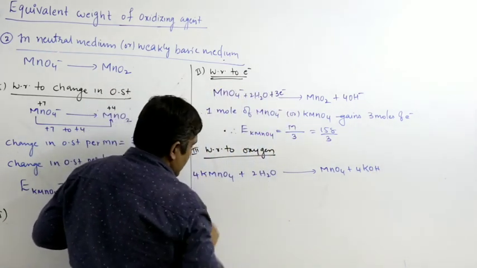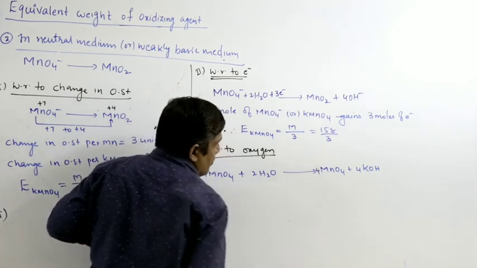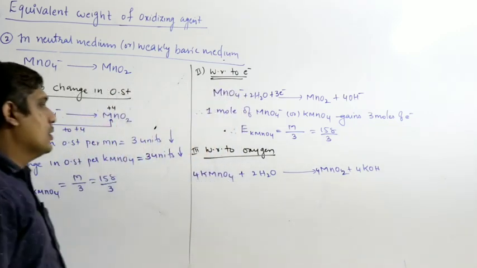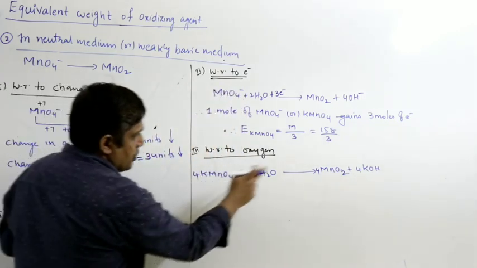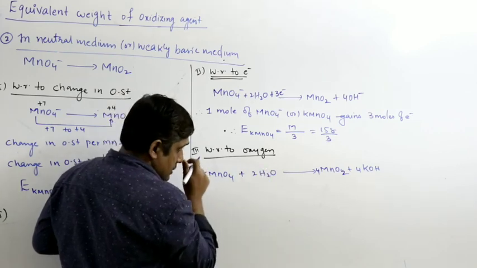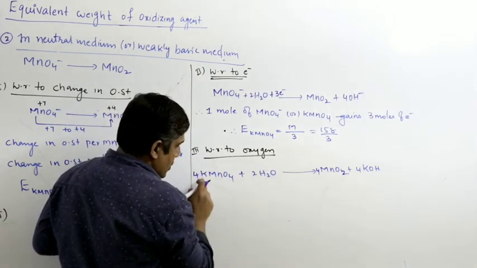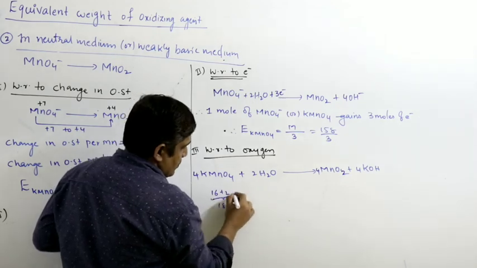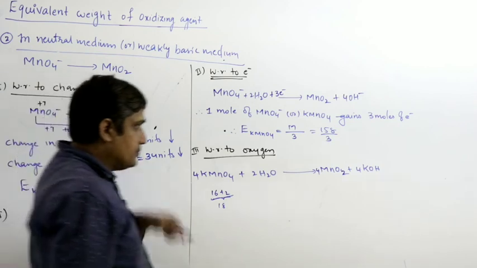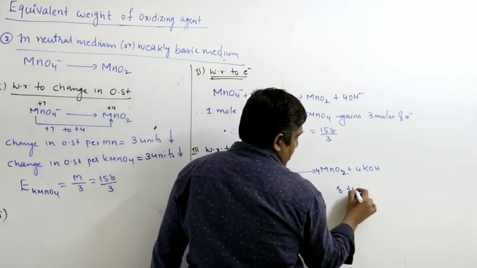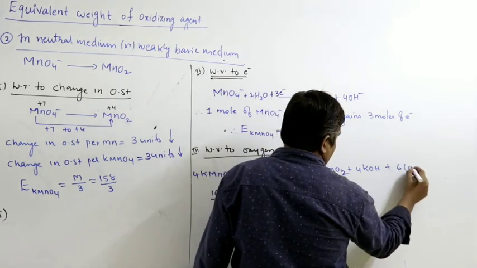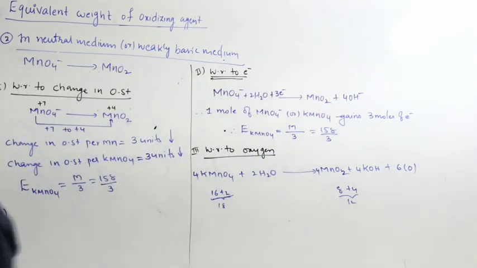Let us count: 4 potassiums, 4 manganese, 4 hydrogens, 4 hydrogens, 4 fours are 16 oxygens plus 2, total 18 oxygen atoms. Here 4 twos are 8 plus 4, total 12. So add 6 nascent oxygen to balance.